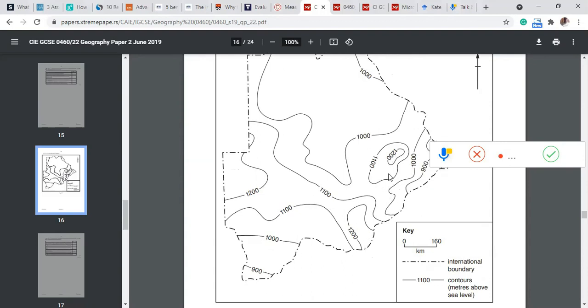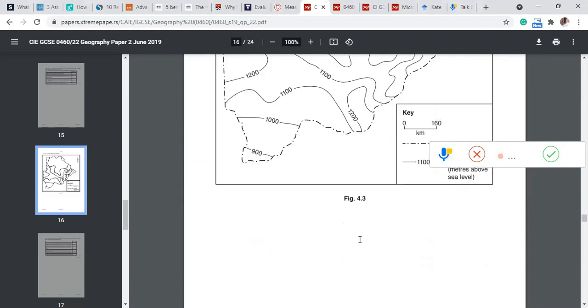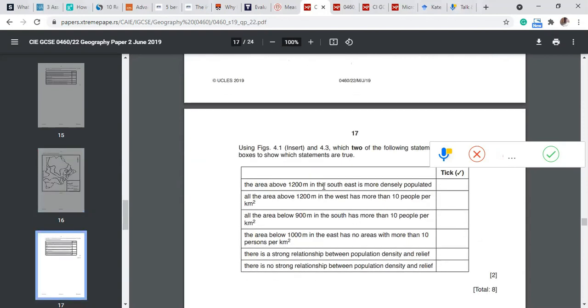So I think in the southeast, yes, this part. Can go back and check the map. So this number 1 is correct. This one is not right. The area below 1,000 meters in the east has no area with more than 10 meters. I think this one will be correct.